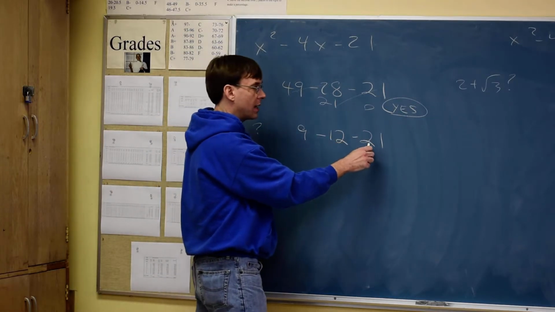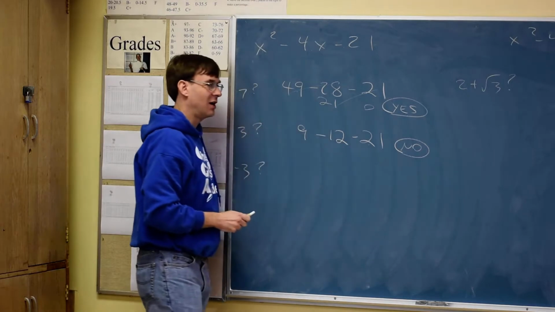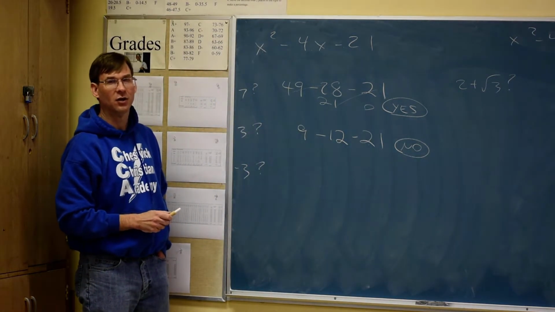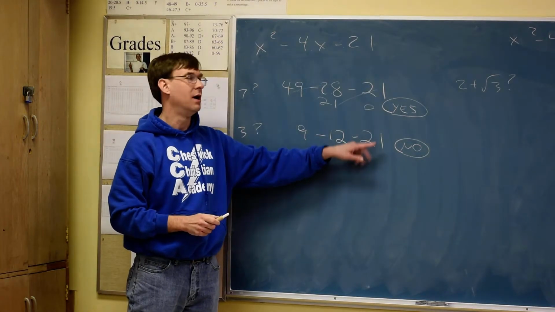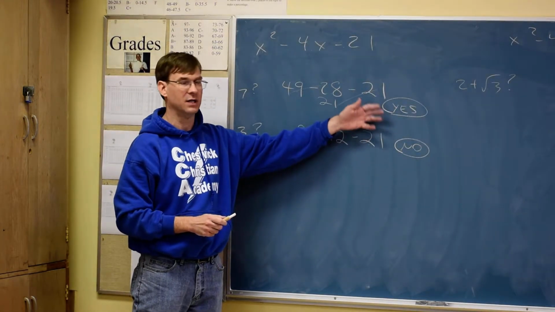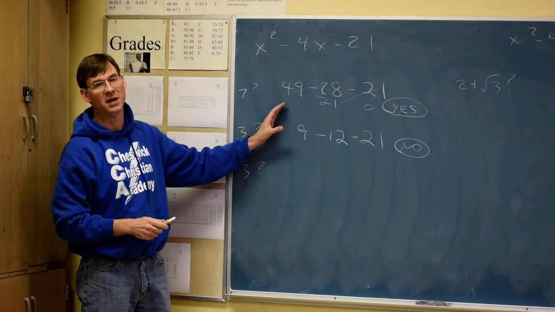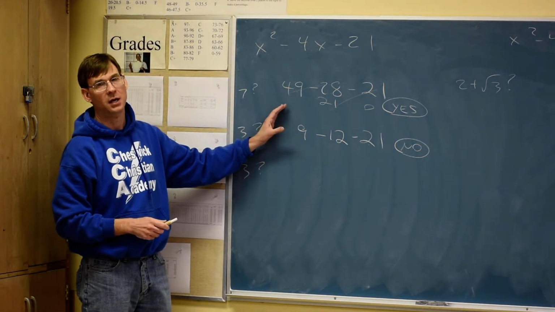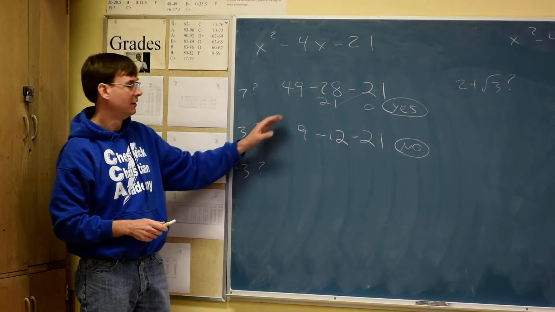If I keep working, will I get 0? No. I don't necessarily care that you work to the final conclusion, that this was going to be negative 24. It's just a verdict as to whether it is or isn't 0. But show me enough work so I know you're not just faking me out by taking a homework and going, yes, no, no, no, yes, no, no, yes. I hope you'll fall for that because I will not.